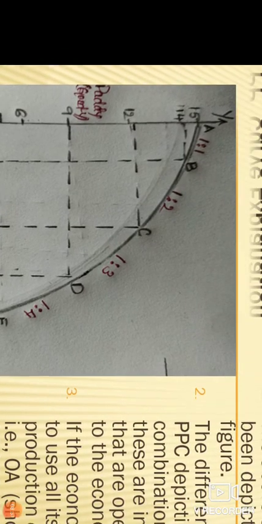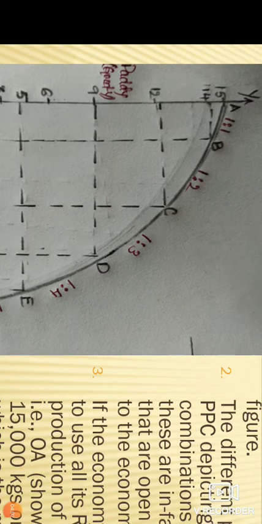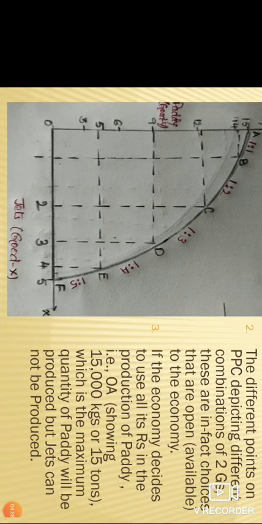Now, the A combination we have seen: 15 tons of paddy and 0 hundreds of jets, no jets. Jets are not produced, therefore the A combination lies only on the y-axis. From there we move on: we have reduced the production of paddy by 1 ton and increased the jets by 100.